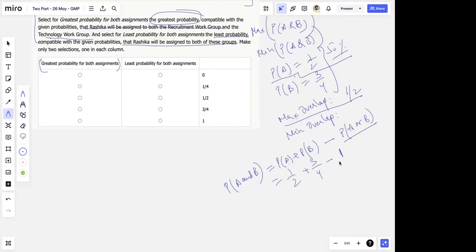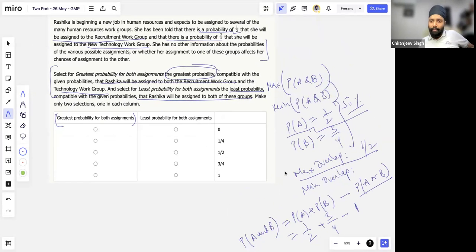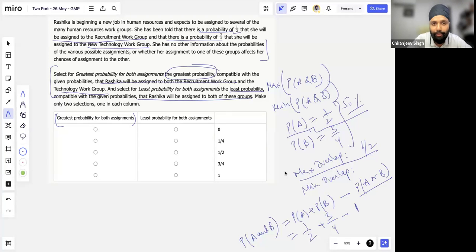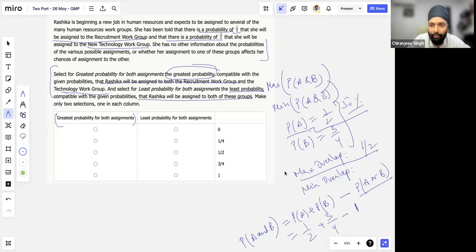That is the reverse of what I said, because I said that 0 cannot be the possibility, but I think 0 is not the possibility here, because she has to be assigned to one of the groups. But where is it given that she has to be assigned to one of the groups? It is subject to interpretation, because it mentions that she expects to be assigned to several. To several, that's fine. But is it necessary that one of the several has to be one of these two?